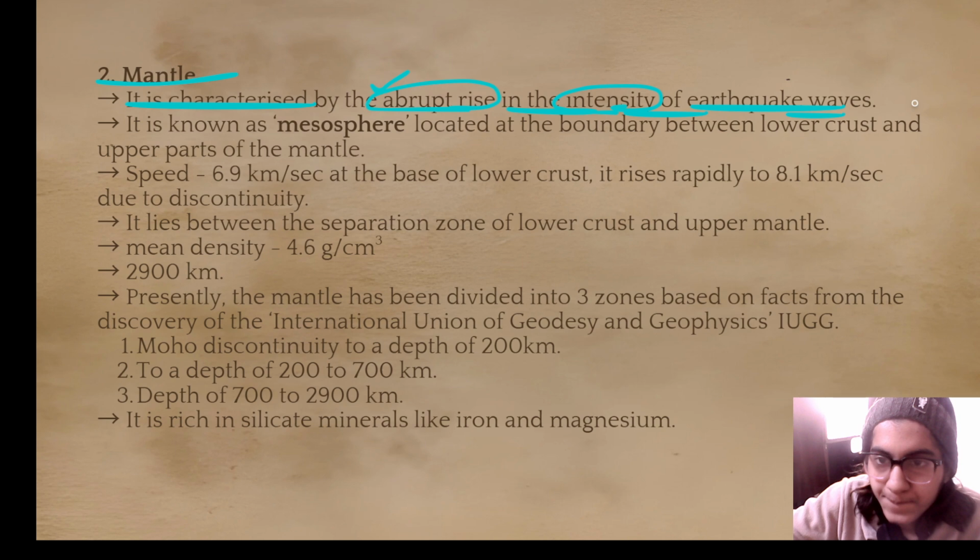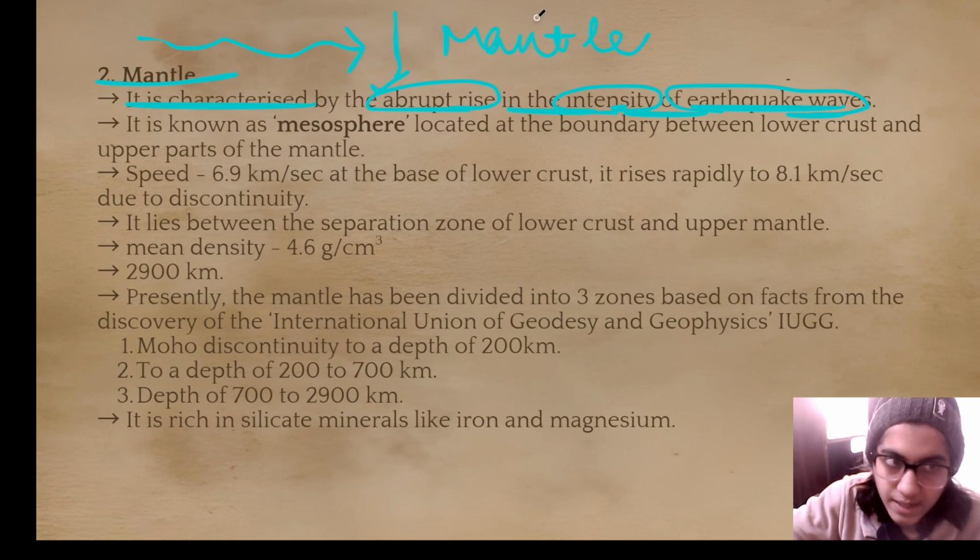These seismic waves are basically caused by earthquakes, so they are also called earthquake waves. The speed of these waves increases when they come into the mantle, because the mantle is much denser than the crust. It is known as mesosphere, located at the boundary between the lower crust and the upper parts of the mantle.